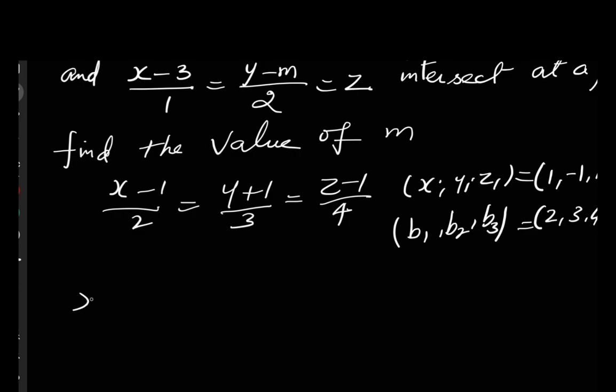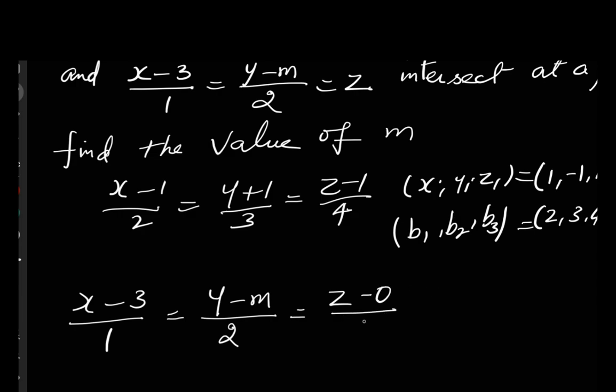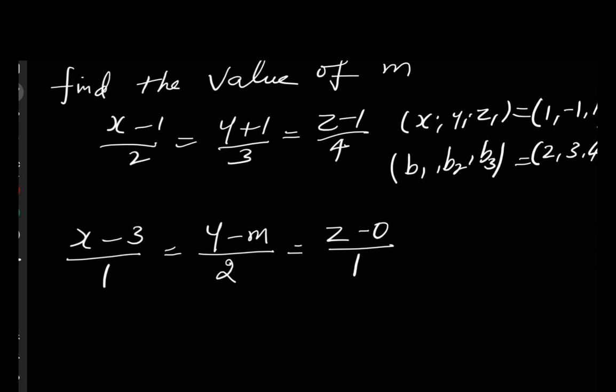Take the second line, (x minus 3)/1 is equal to (y minus m)/2 is equal to, see, no term with the z, so let me take z minus 0, but the denominator you will get as 1.